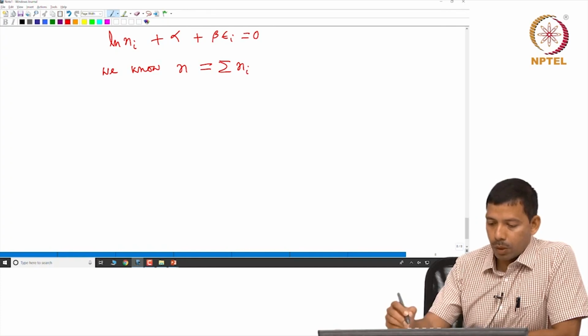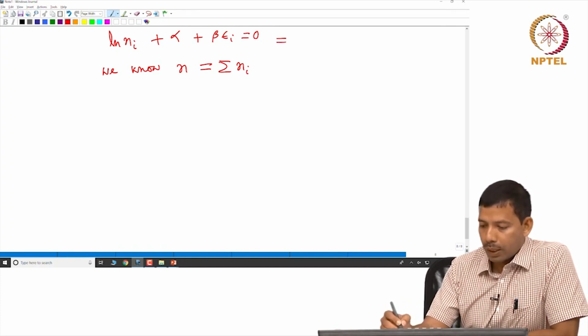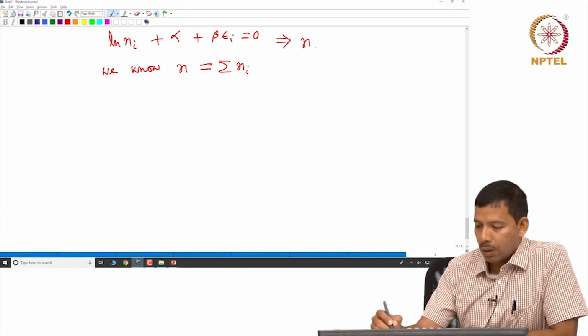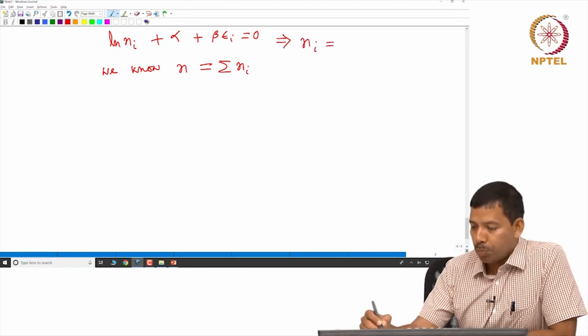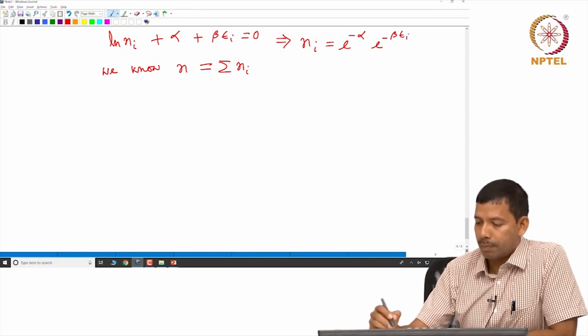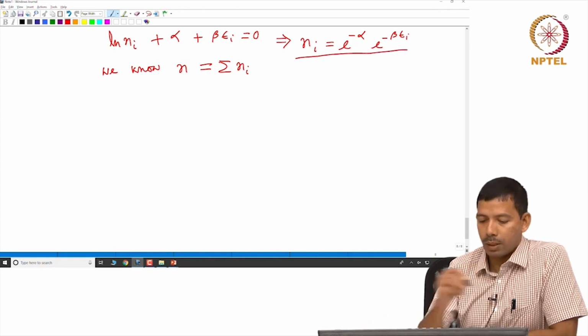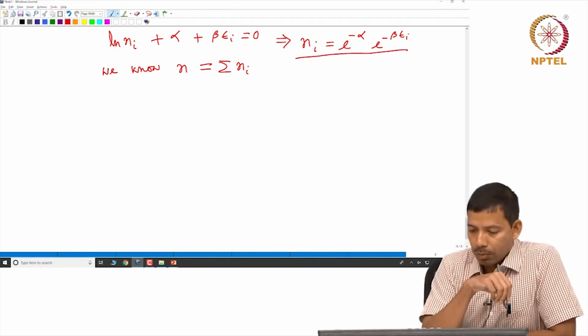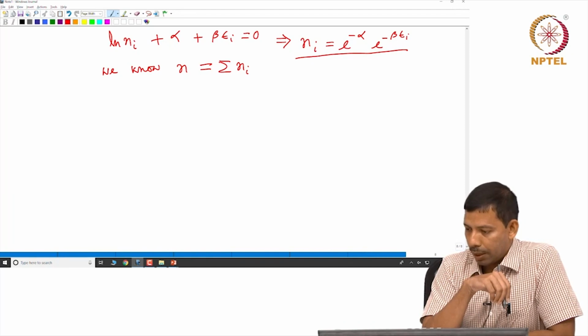From here we can write ni as e to the power minus alpha times e to the power minus beta epsilon i.